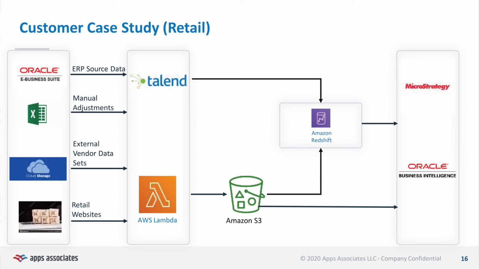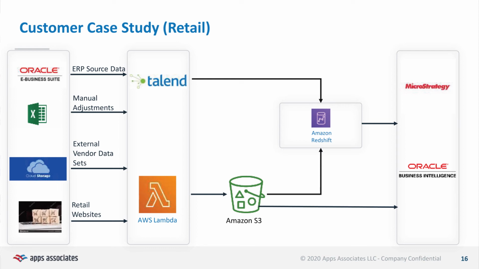We have an example of a retail customer that's using an on-premise Oracle E-Business Suite primarily for financials, procurement, and order capture information. Excel is also a data source used here to capture manual adjustments, whether adjustments to the sales information coming from external sources, because sometimes not all of it is timely, or adjustments to the financial numbers before you create your journal entries.